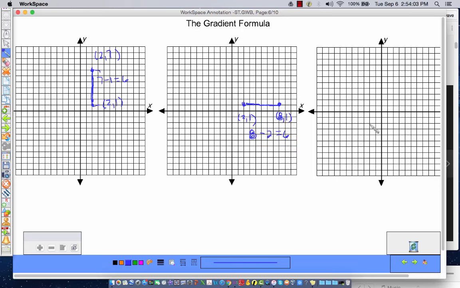That would also equal 6. Okay. So now let's consider those 2 points by themselves. 2, 7 and 8, 1. And let's find the slope of that line. Okay. So this is 2, 7. This is 8, 1 down here.